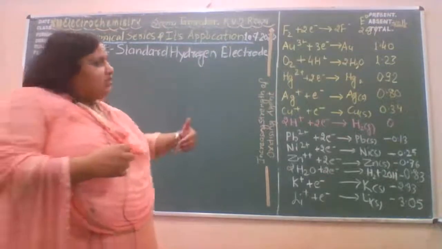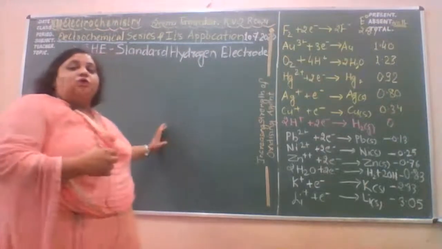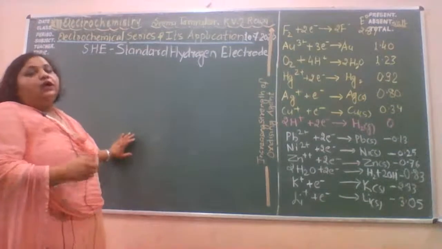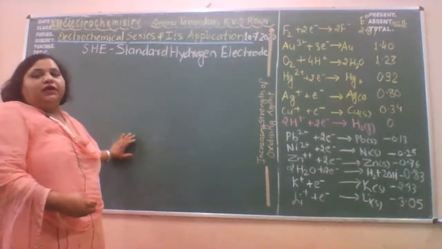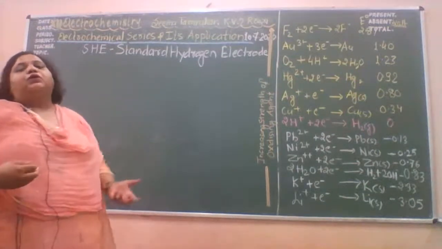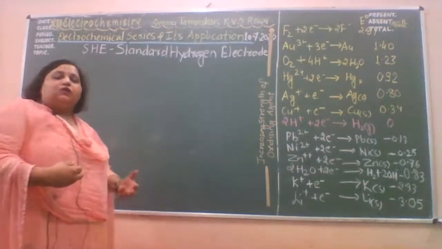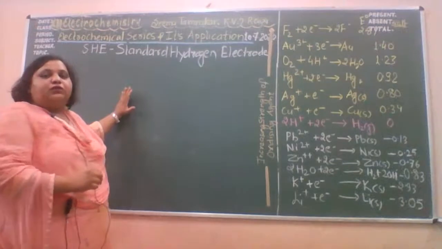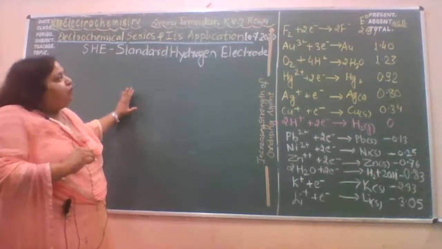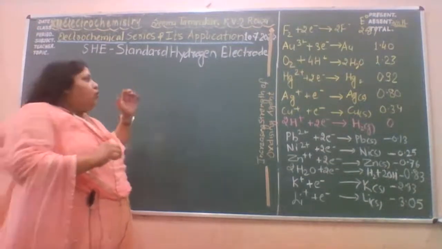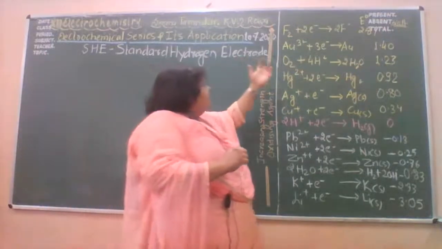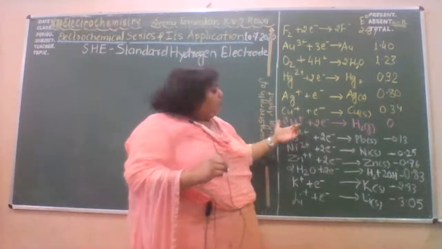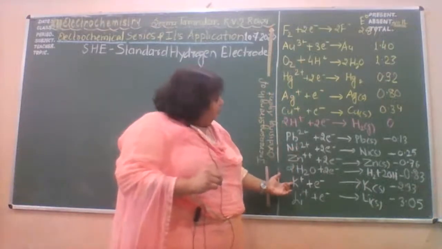In this condition, if a cell is constituted such that one electrode, it may be anode, it may be cathode, depending upon the other reference electrode, the EMF or the cell potential that you obtain in the cell will be only the electrode potential of the other electrode, as you have here.